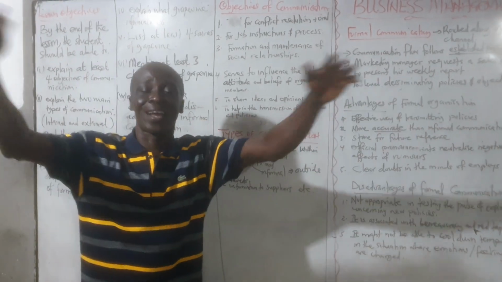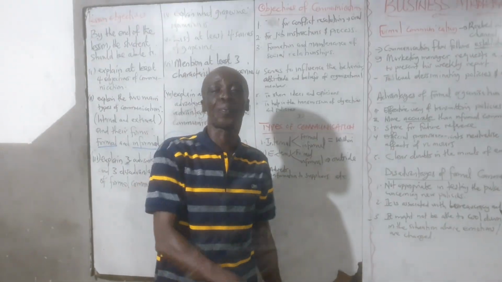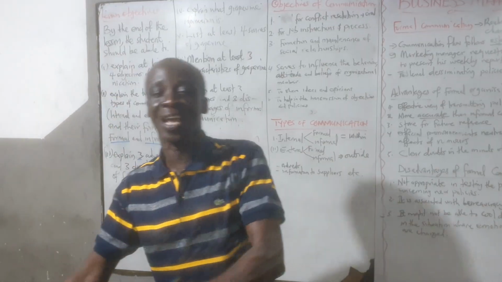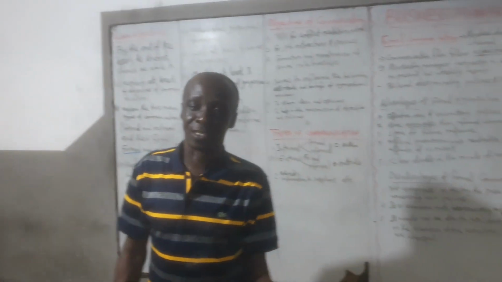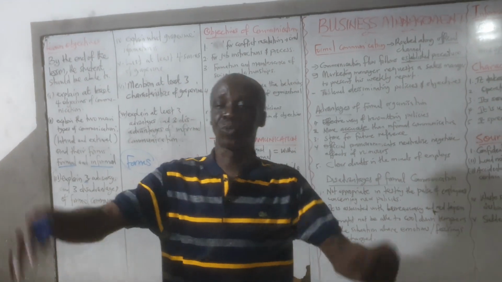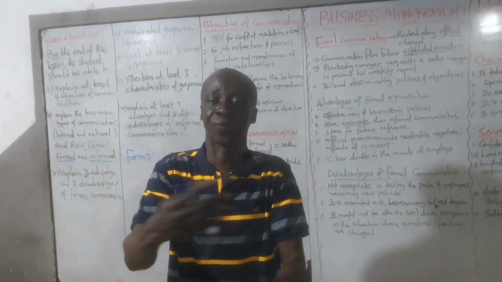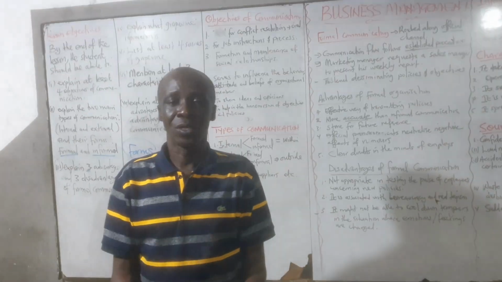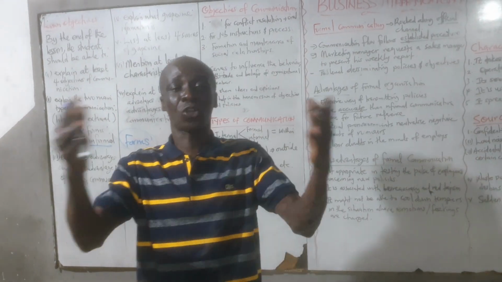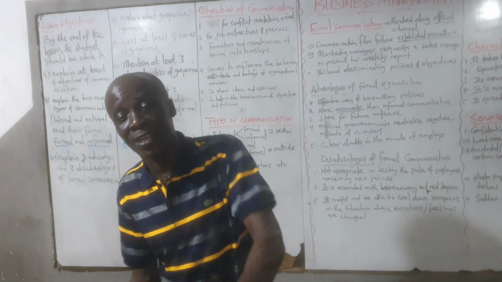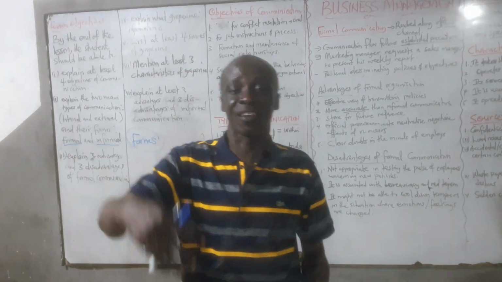So within the organization, people share ideas, people share information. Superiors instruct their subordinates. Subordinates give feedback to superiors. So there is a lot of communication, whether formal or informal. People can talk about their family within the organization, how they spent their Christmas.